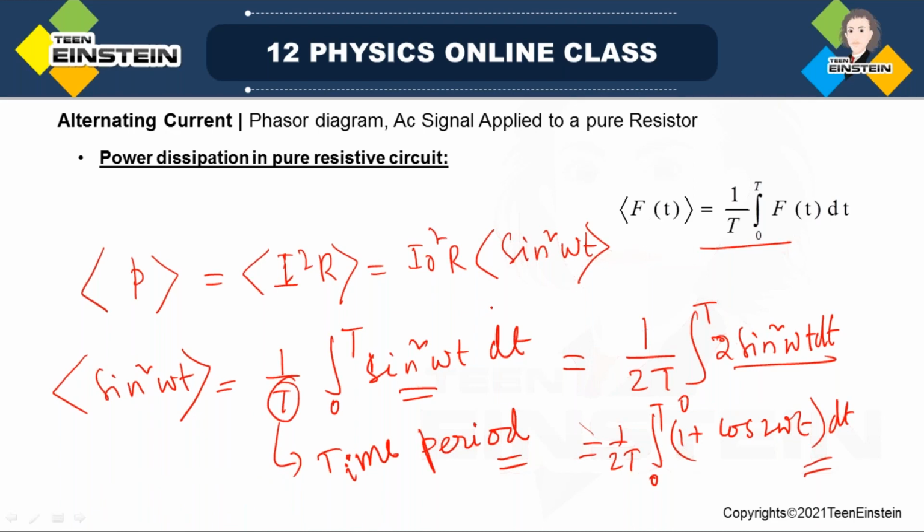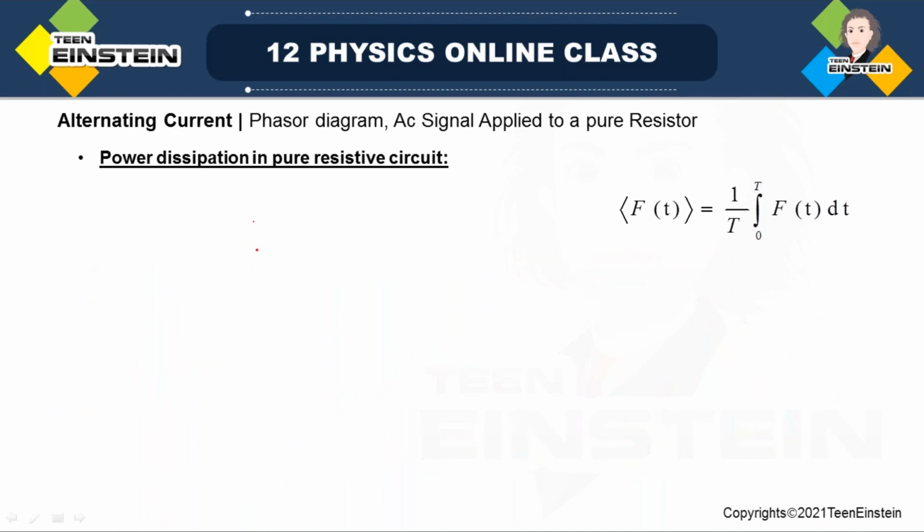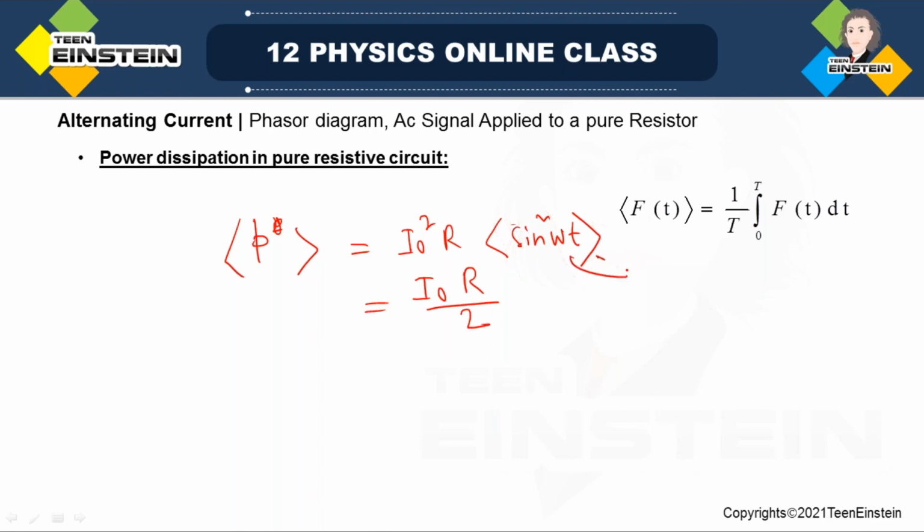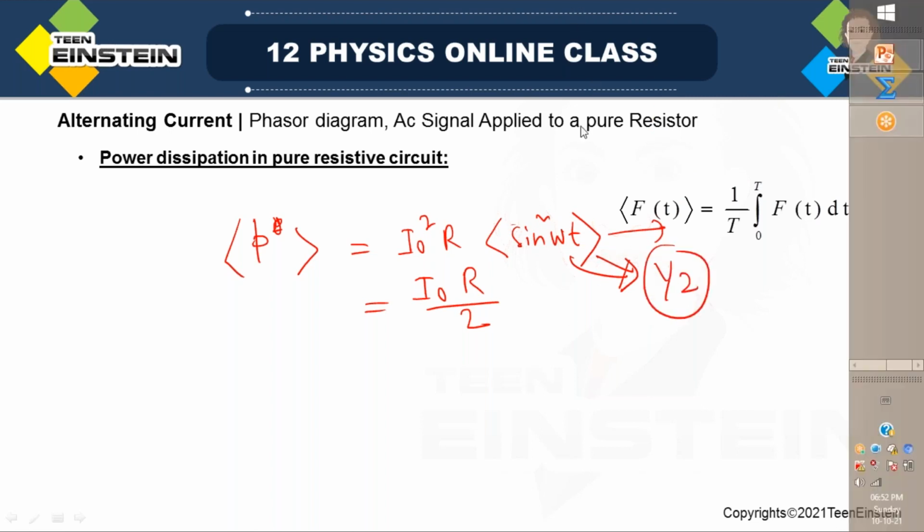If you integrate this, the average power will be I0 square R, and the average of sine square omega t gives actually half. You get I0 square R by 2.